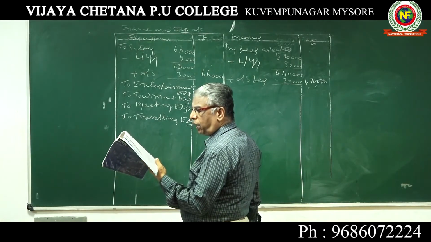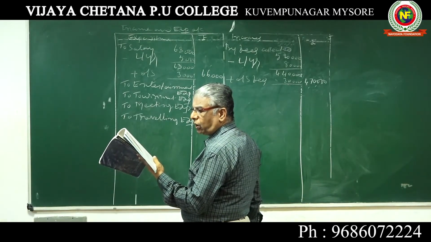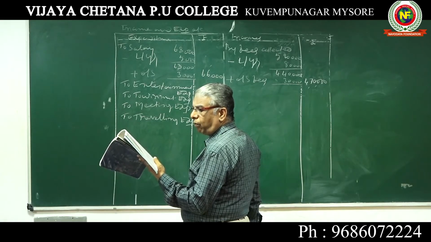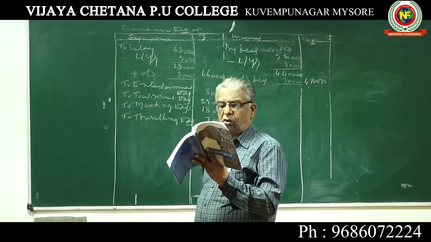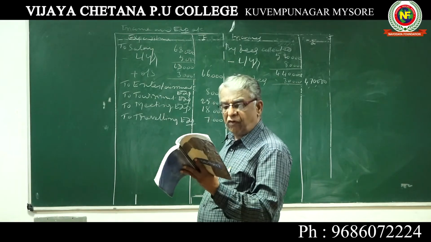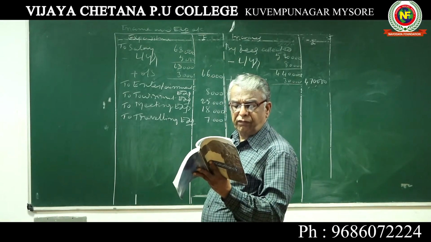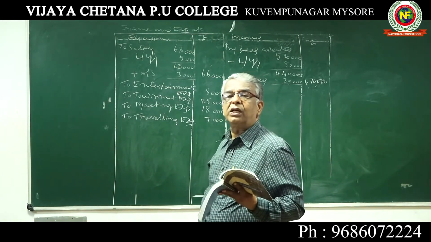Purchase of books and periodicals, including rupees 31,000 for purchase of books. The total amount is 40,000. This 40,000 includes 31,000 for the purchase of books. Books are a capital item.